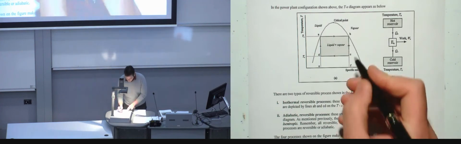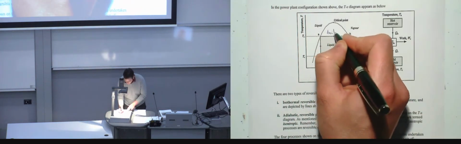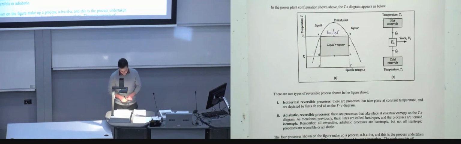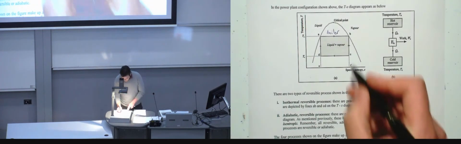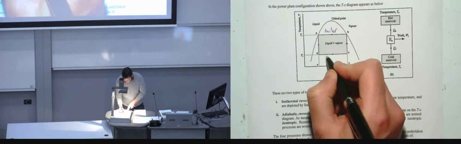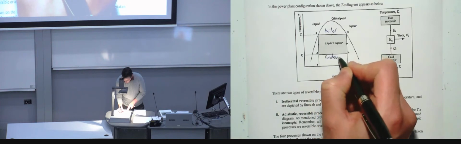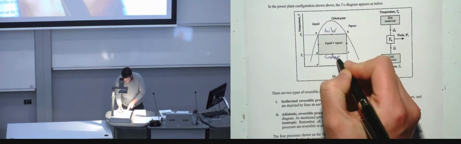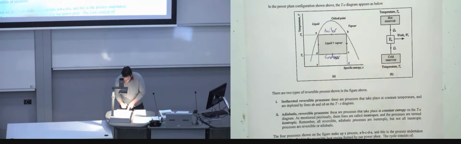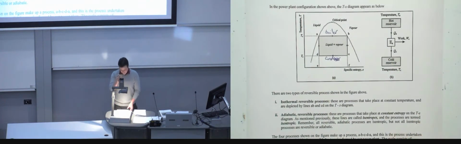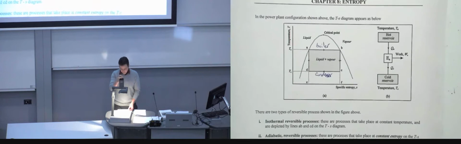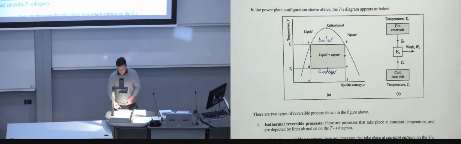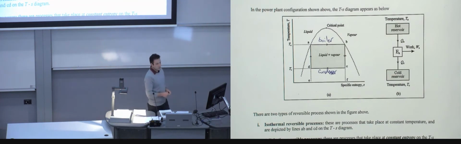And so here, this is going to be the boiler, this line. This line here is going to be the condenser. And of course, you can tell because a boiler and a condenser, what they do, they just change the phase of your water in this example.